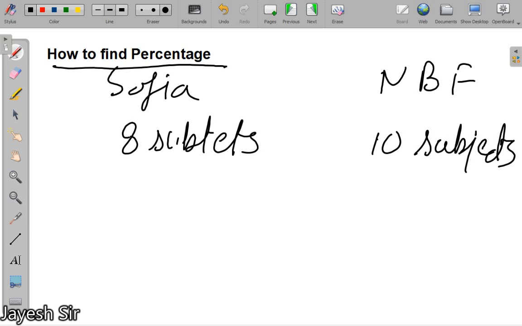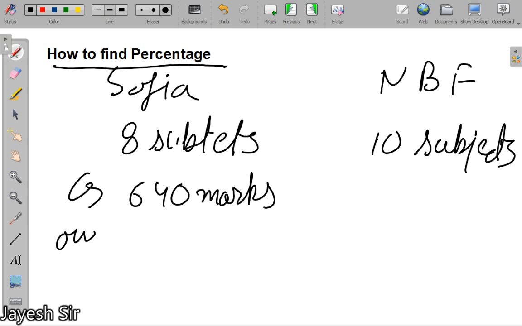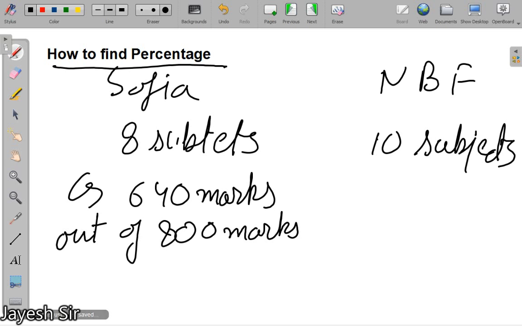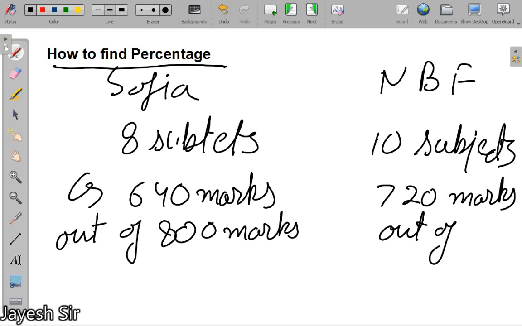This girl in Sophia got 640 marks out of 800 marks, and this girl in NBF got 720 marks out of 1000 marks.